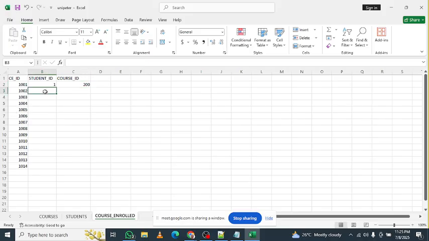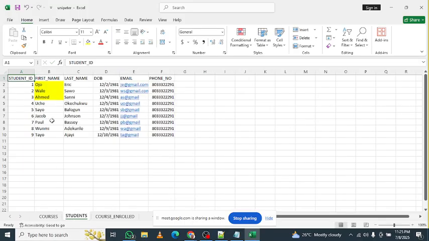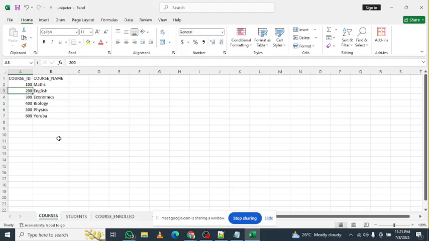So another student again enrolls, maybe student 3. Who is that student with ID 3? Because I'm trying to mix them up, it's not that they follow one another. Ahmed is the student with ID 3. Maybe he registers for math first.